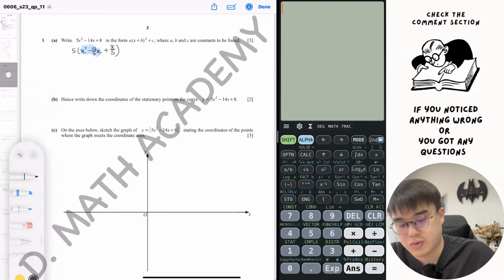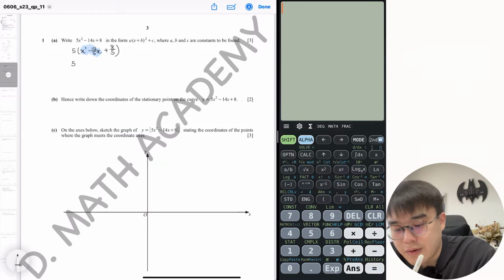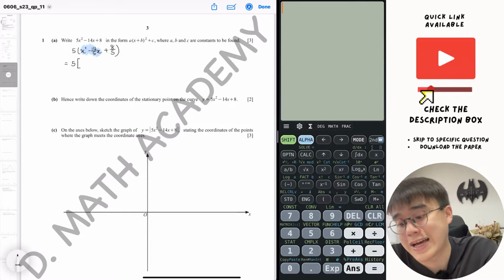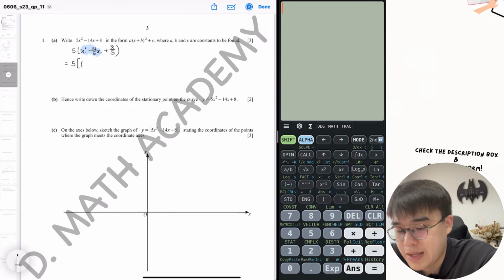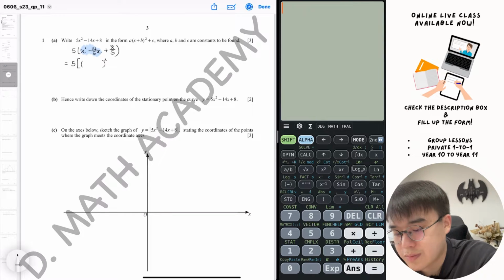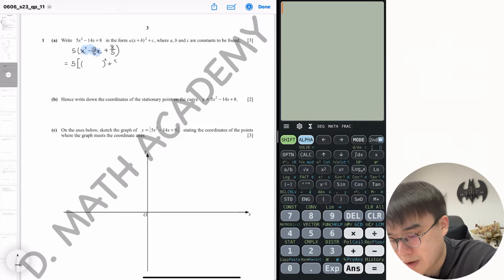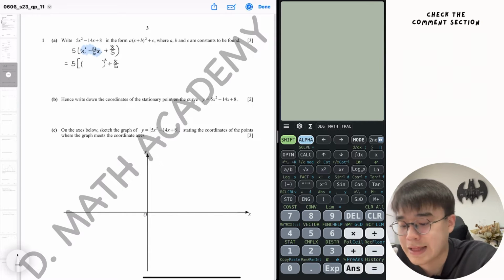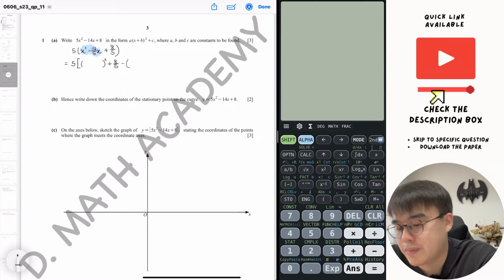Brackets and all are required because you have to keep things organized. So I'm going to focus on the first two values. Before that, I'm going to copy back the leftover, which is the 8 over 5 that I didn't highlight, and I leave a bracket square first.